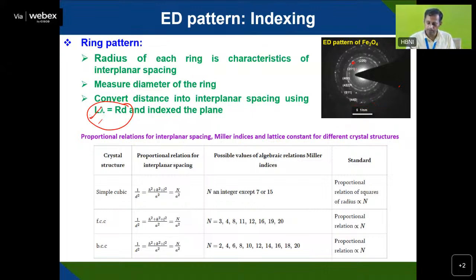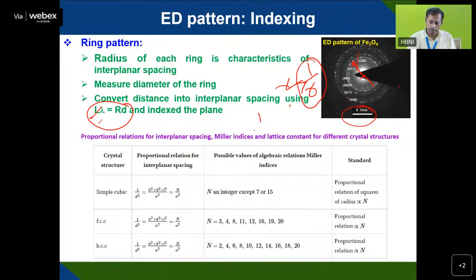You simply measure the diameter, then divide by 2 to get the radius. Since it's a reciprocal image in 1 by nanometer, you find 1 by R, and that value will be the d spacing of the first plane, and then you can go for the second and third planes.